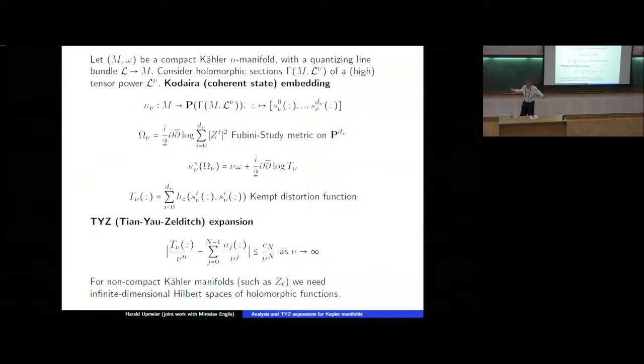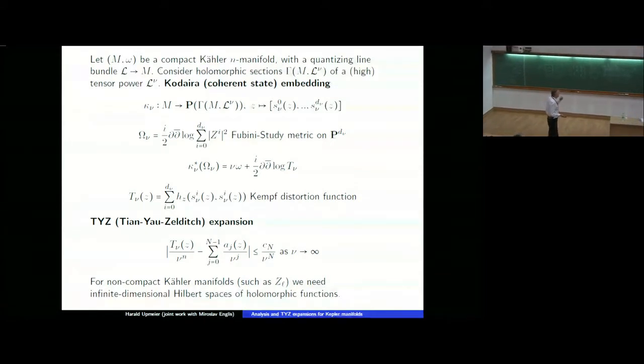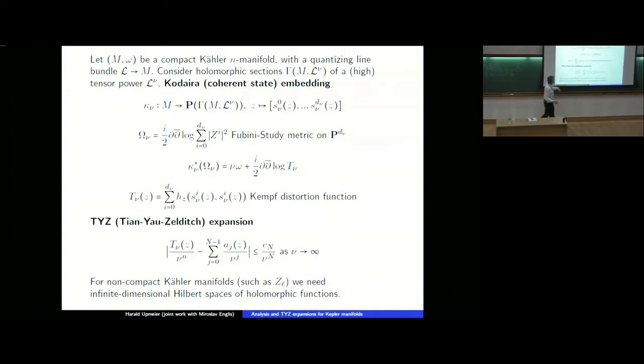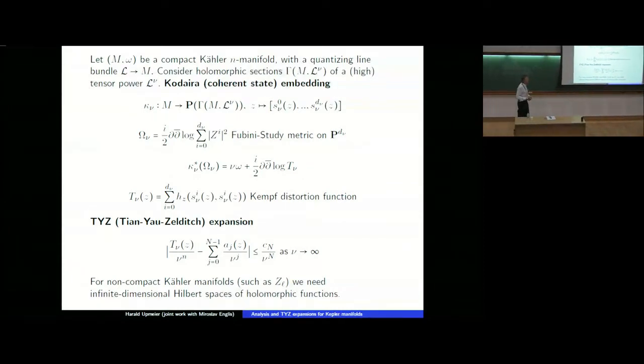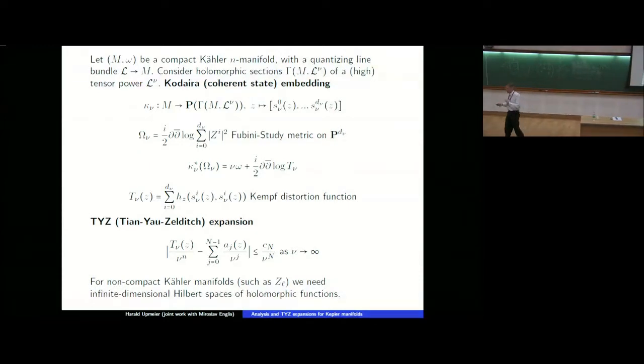Of course, only for projective space itself it's identical, but in general there will be this difference. But the Tian-Yau-Zelditch expansion says that there are functions, which we will prove are polynomials in our setting, a_j of z, depending on the base point, such that the Kempf distortion function has this asymptotic expansion that I wrote down over here. That is the usual form. It's not a convergent power series, it's an asymptotic expansion.